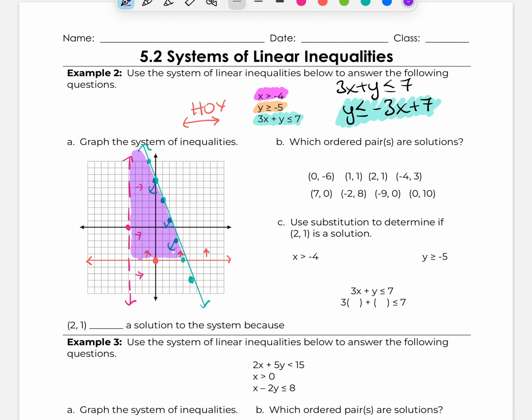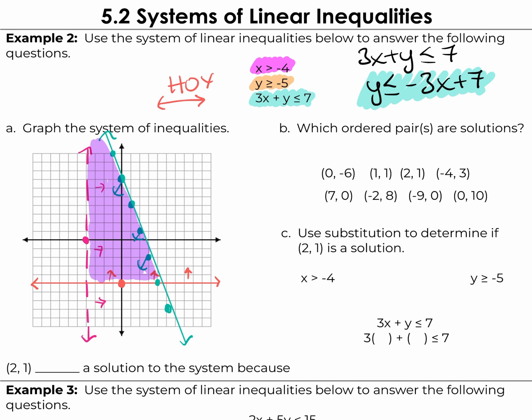All right, let's check our points. So we've got 0, -6, that would be down here in white, that's a no. We've got 1, 1, that is in our mixed shaded region, that's a yes. We've got 2, 1, and again, that's one of those, are we sure or not? So I'm going to put a question mark because we're going to learn how to check that and verify whether it is or is not.